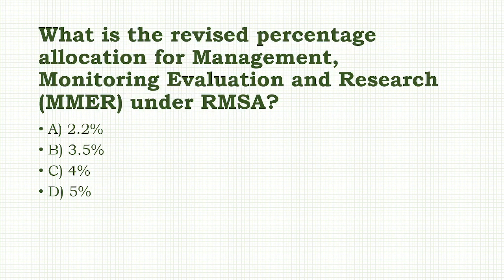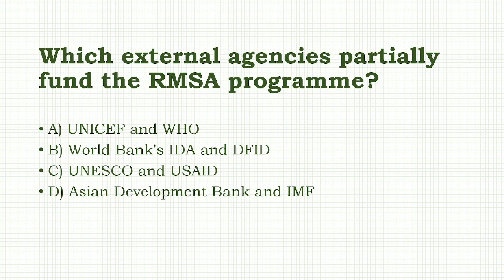What is the revised percentage allocation for management, monitoring, evaluation and research MMER under RMSA? Option: 2.2%, 3.5%, 4%, 5%. Answer of this question is option C, that is 4%. Which external agencies partially fund the RMSA program?